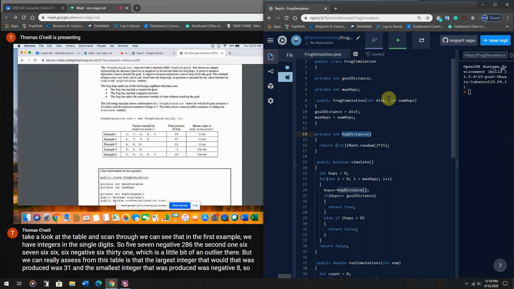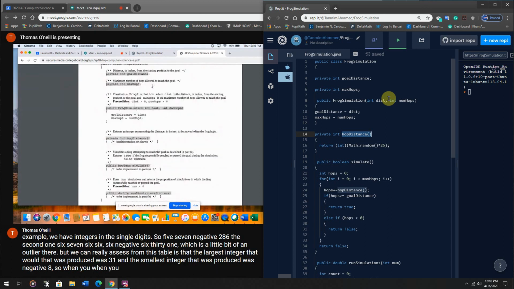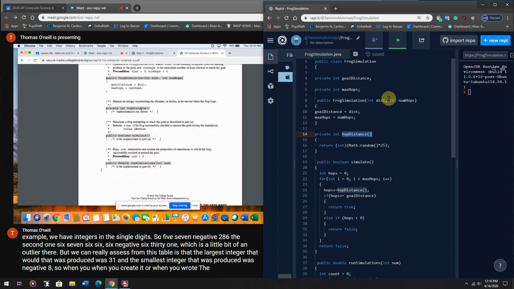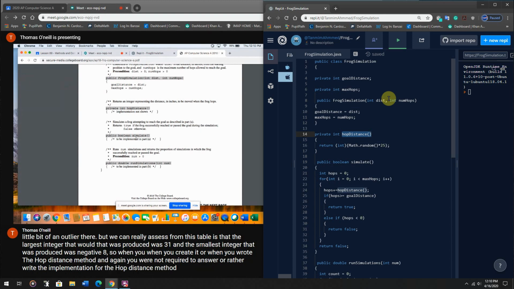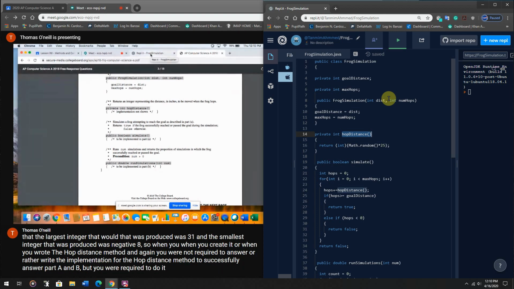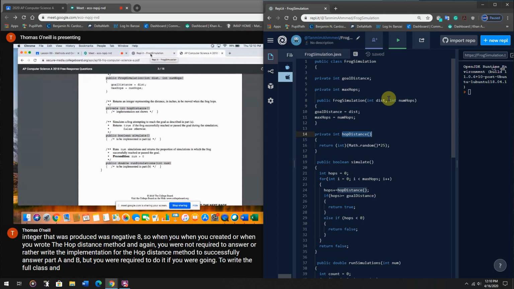So when you wrote the hop distance method, and again, you were not required to write the implementation for the hop distance method to successfully answer parts A and B, but you were required to do it if you were going to write the full class and test everything out in some type of IDE.